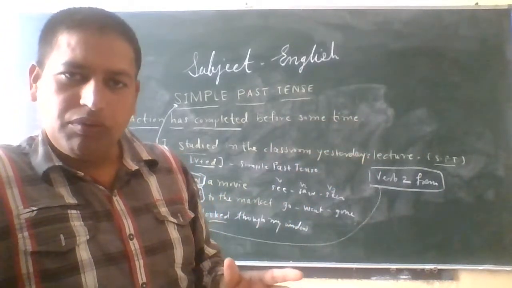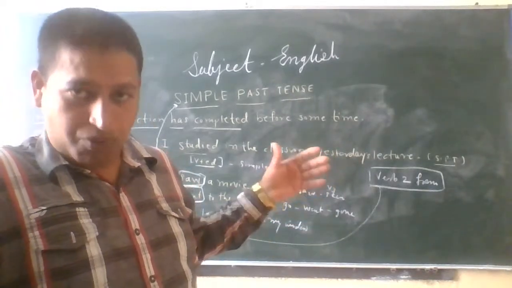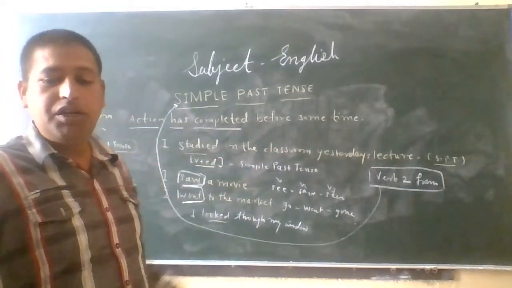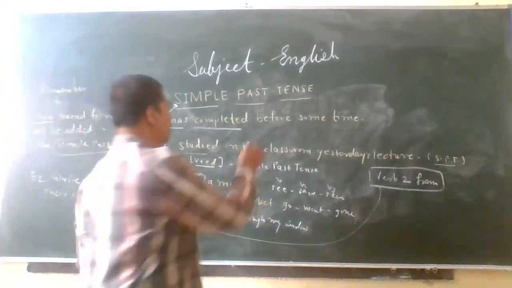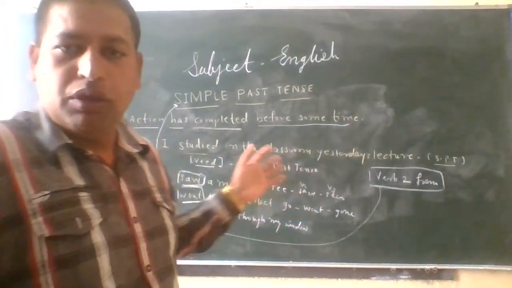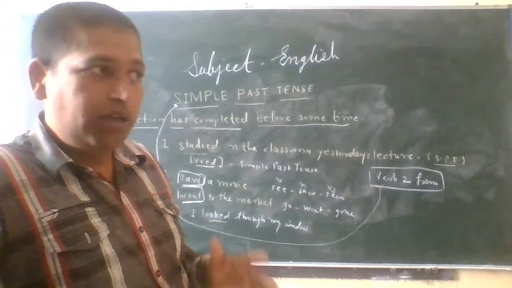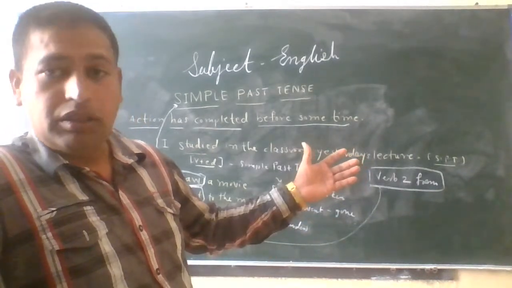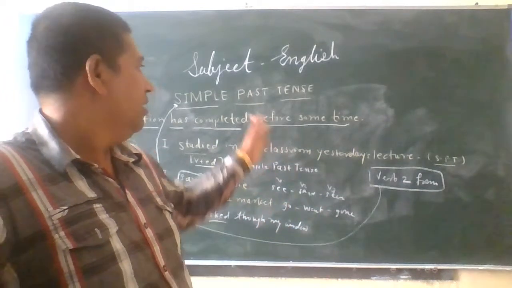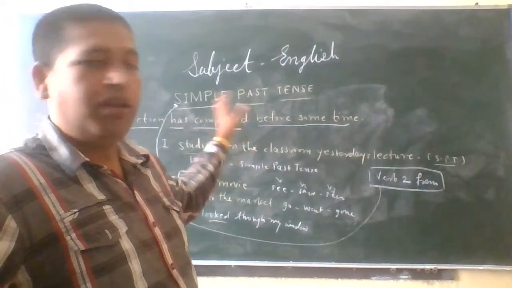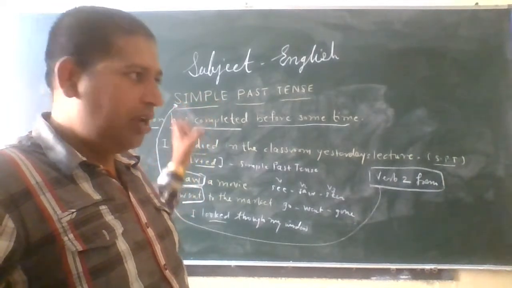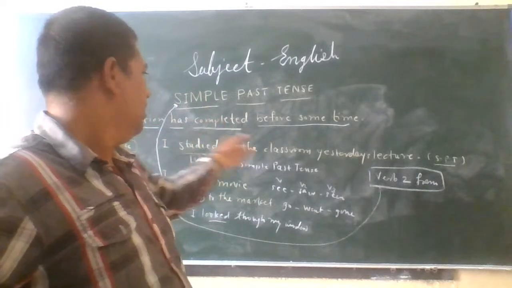What did we do sometime before? What did you do? What type of action have you done? That work you should refer to in the simple past. Is it clear? If any doubt is there, you can ask.